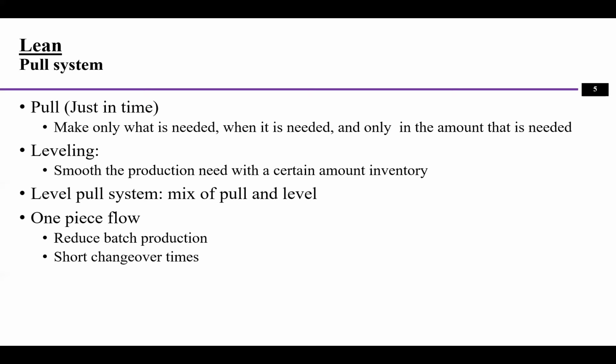So when we're talking about the pull system, a lot of times if we only have what is needed for production itself, then sometimes there may be certain risks because maybe there are some scrap parts, or sometimes there may be some delays for arrival.